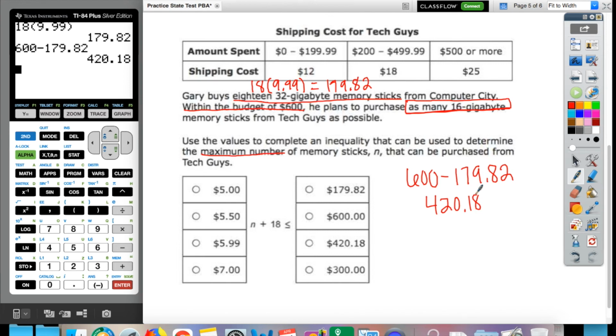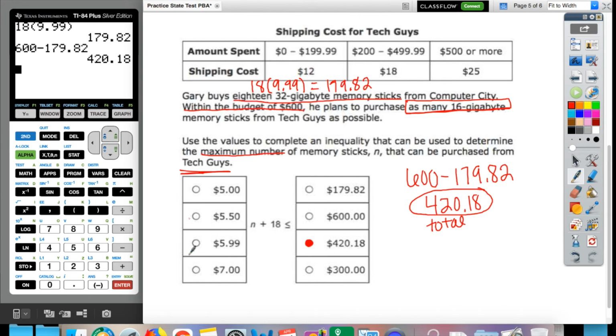So that actually gives us our first value that we need. So that's our total. Our total is not 600 that we can purchase at Tech Guys because he already spent some money at Computer City. Our total he can purchase from this place is $420.18. So that's going to be this third option for your total.